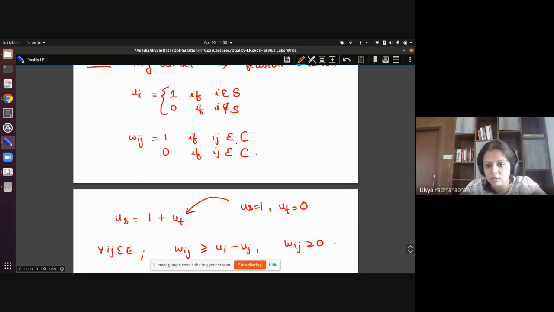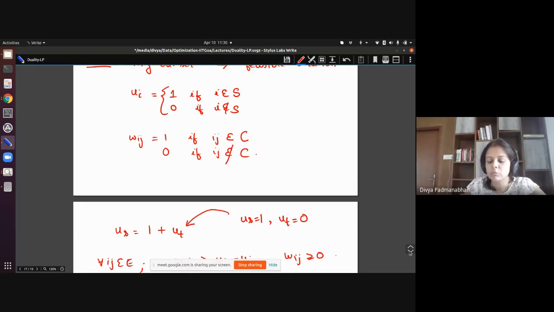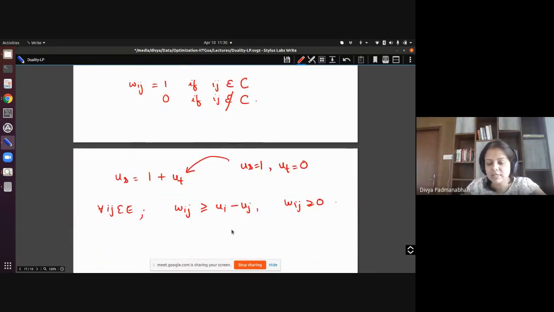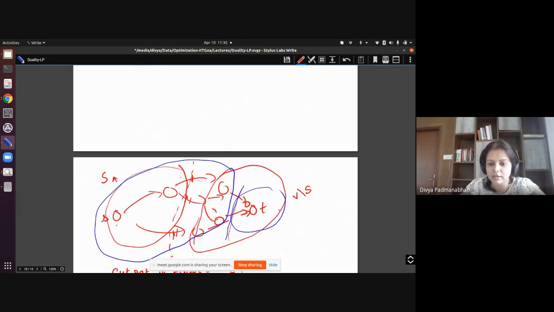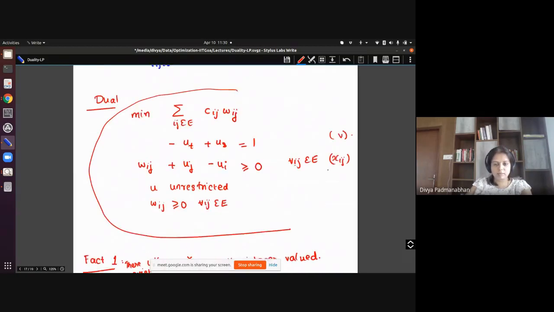So Wij is 1 if ij is in C and 0 if it's not. That also satisfies these constraints. You can check that it's true even for the arcs in V minus S. The arcs completely contained there have Wij equal to 0, and indeed that's also feasible for this dual.